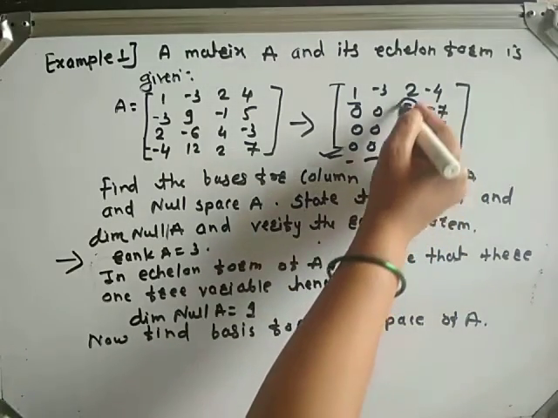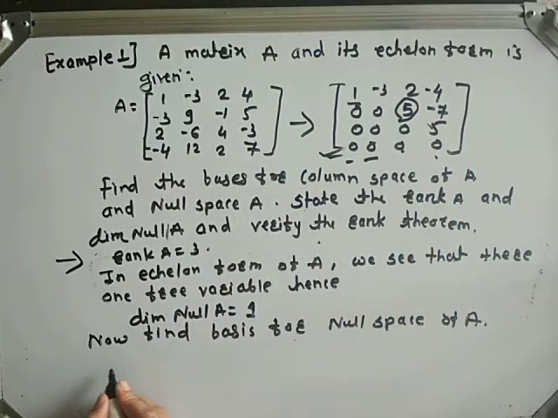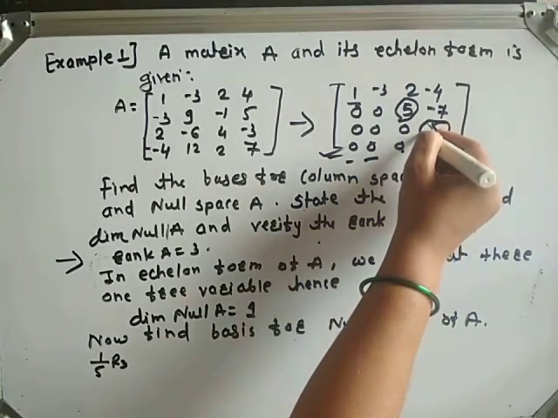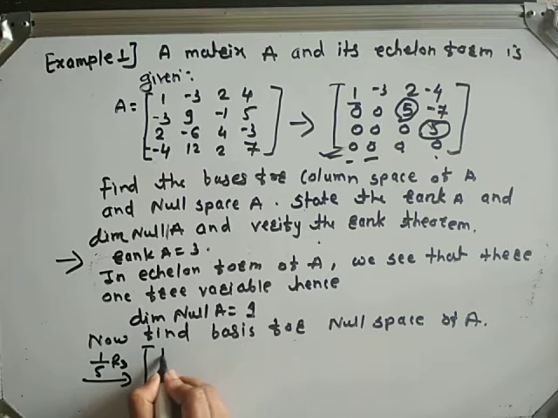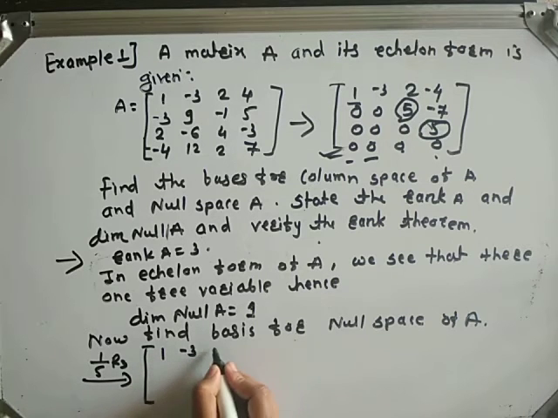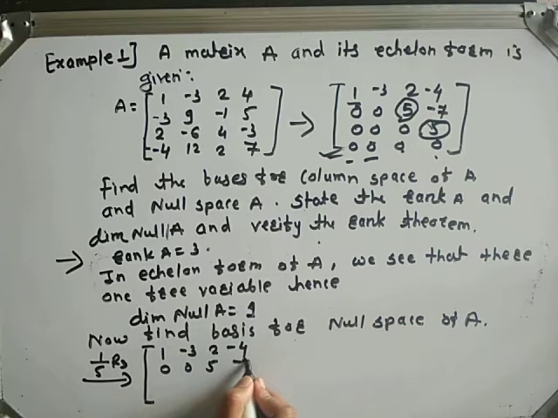Here we require 1 instead of 5, so we perform the row operation 1 upon 5 into R3. Therefore the matrix becomes 1 -3 2 -4, 0 0 5 -7, 0 0 0 1, 0 0 0 0.